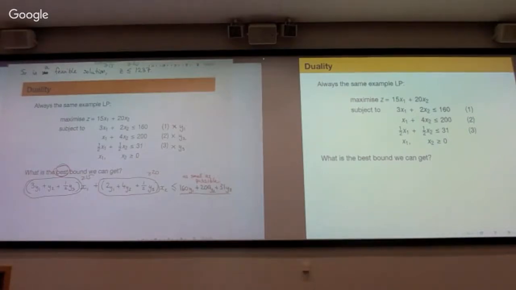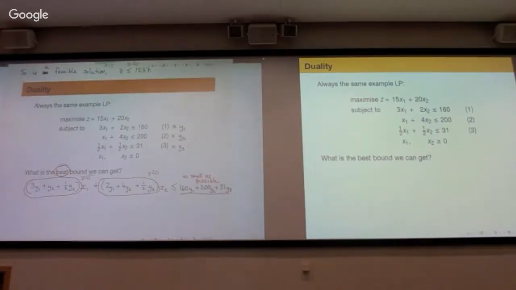Okay, the smaller it gets, the better, because the smaller it gets, the lower the bound gets that we can't exceed. And we want the bound that we can't exceed to be as low as possible. Okay? So these are the things that we want.